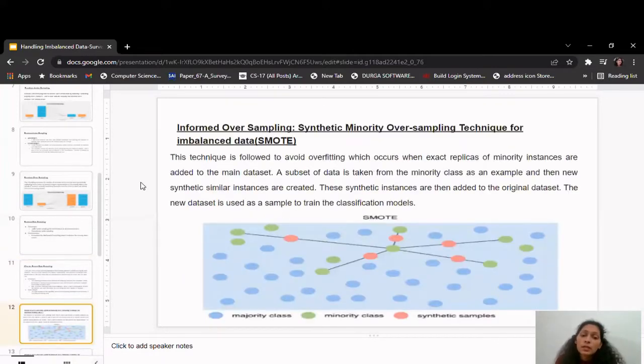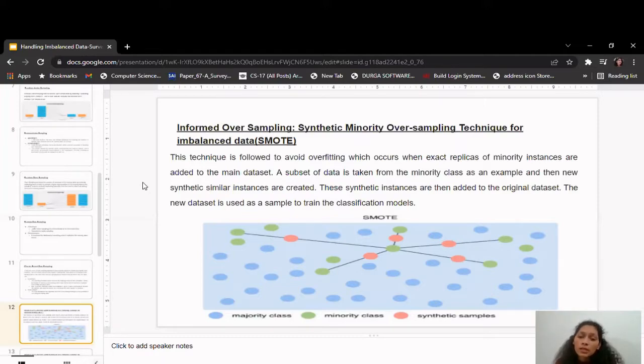famous technique, SMOTE. SMOTE is an abbreviation for synthetic minority oversampling technique for imbalanced data. So let us see what is happening here. This technique is followed to avoid the problem when exact replicas of minority instances are added to the main dataset.